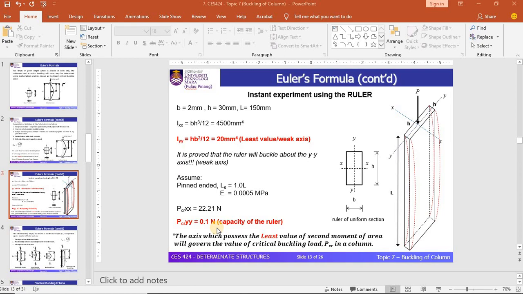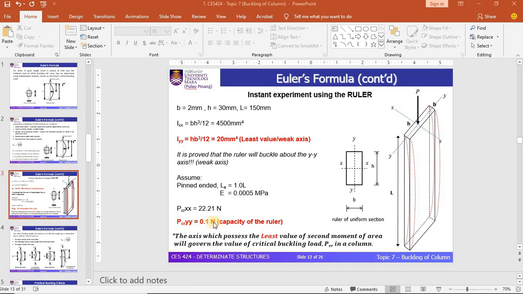The value of PCR in y-y is lesser than PCR in x-x, so we can conclude that the critical buckling load for this ruler is governed by PCR in the y-y direction.